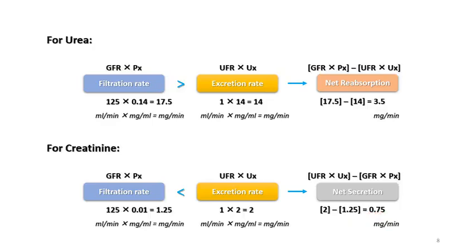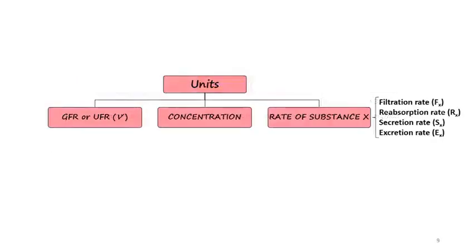These are some examples of how we calculate filtration rate, excretion rate, reabsorption rate, or secretion rate. Also, it is important to consider the units of GFR or UFR, concentration, and rate of filtration, reabsorption, secretion, or excretion. GFR or UFR are expressed in milliliter per minute, volume per time, or liter per day.